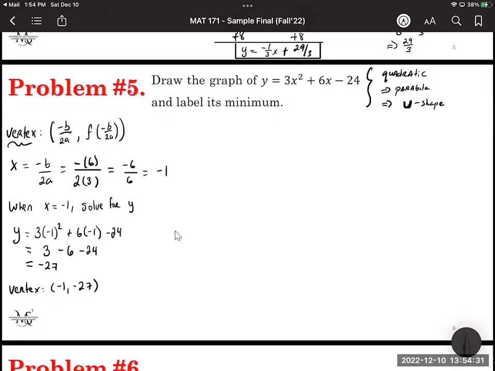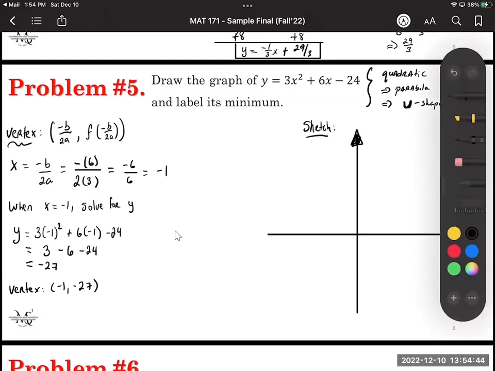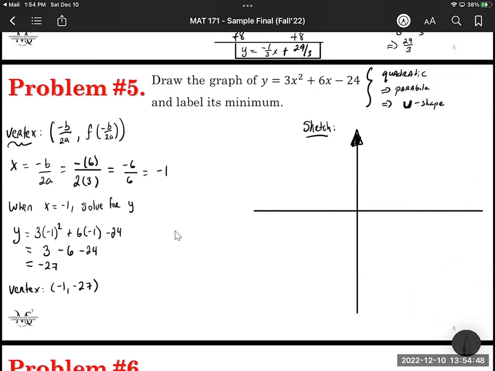All right, so let's make a quick sketch. Let's start our sketch, and then we'll fill in the rest of it. Let's just say that on our y-axis, we scale this by 9s. So here's the origin.